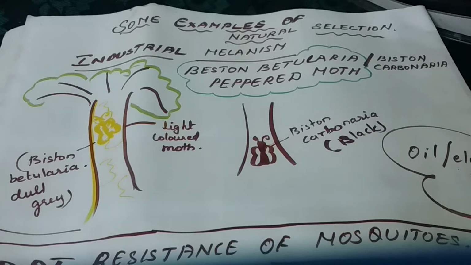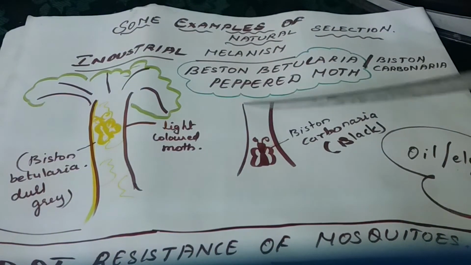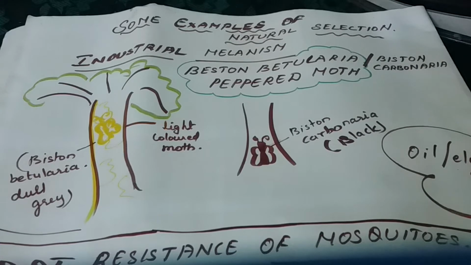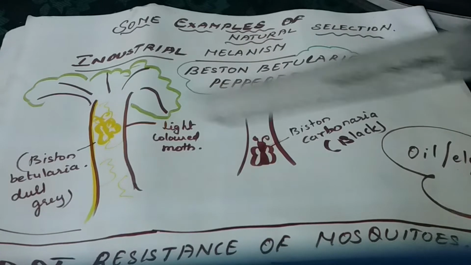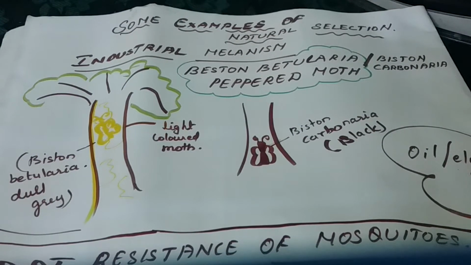After the industrial revolution, more coal was used. Because of the burning of coal, more smoke came and the tree trunks and the environment were covered with particulate matter, that is the smoke particulate matter, so the tree trunks and all the environment became very dark in color.